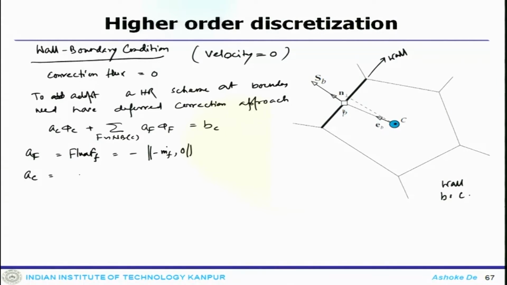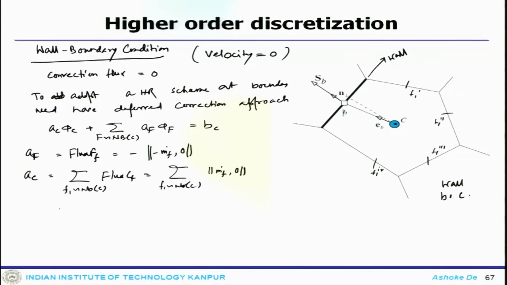AC is the summation over F1, which means all other interior faces. So this could be F1 1, F1 2, F1 3, F1 4. So there are 4 interior faces which can be used for this calculation, which is the summation over F1 of m dot F, 0.